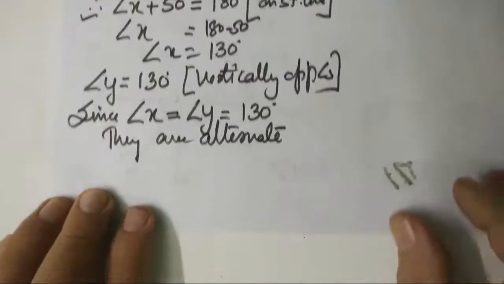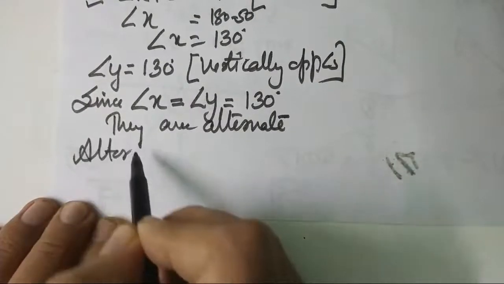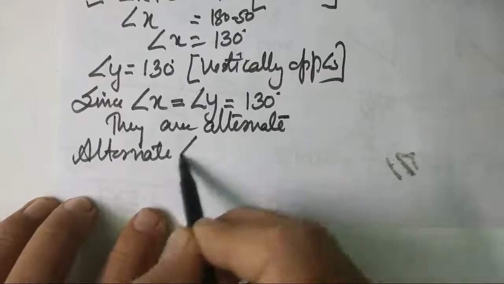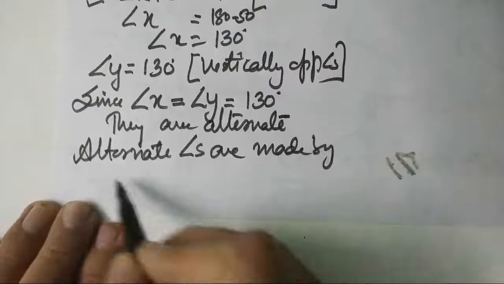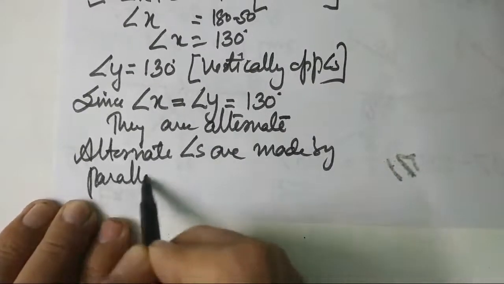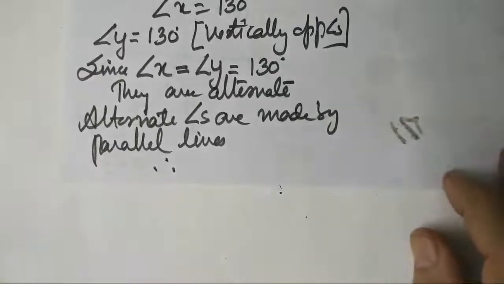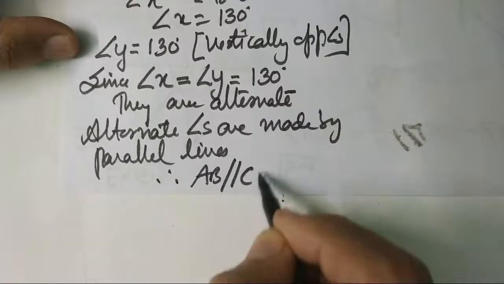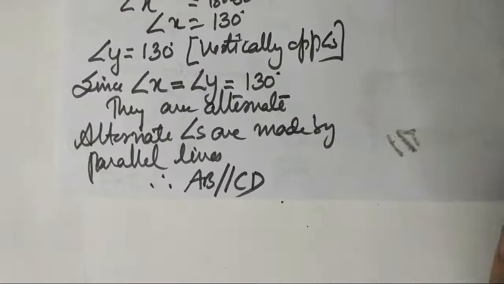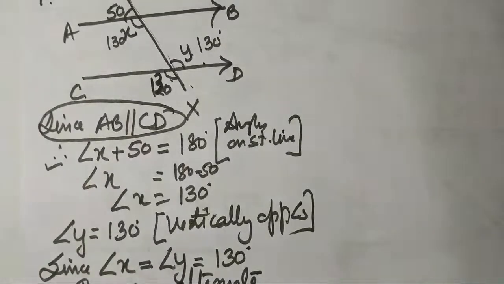And alternate angles are made by parallel lines. So we will write the converse property that alternate angles are made by parallel lines. Therefore, lines are parallel. So in the end I can write, therefore AB is parallel to CD. This is how you will do this question number 1 by giving reason. So you have to give reason and then prove it.